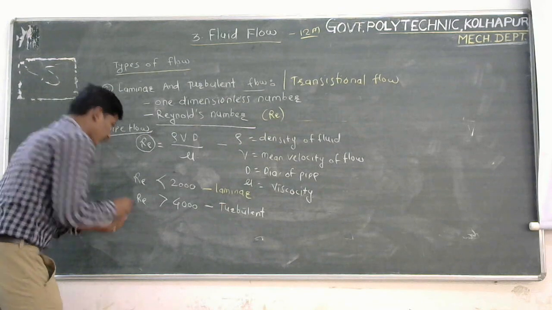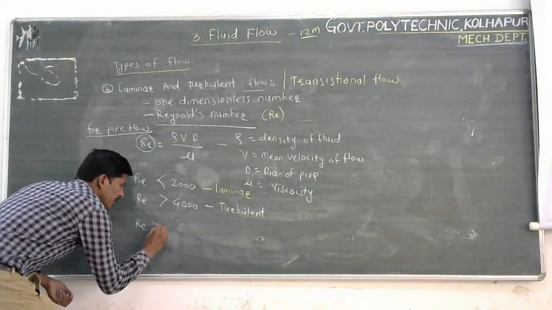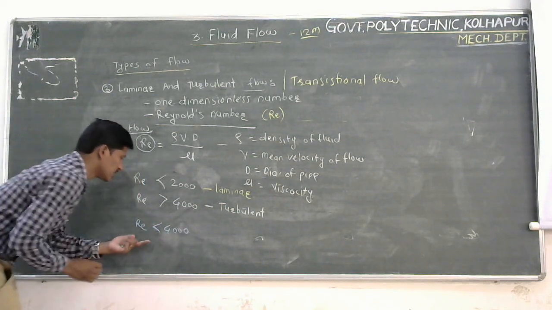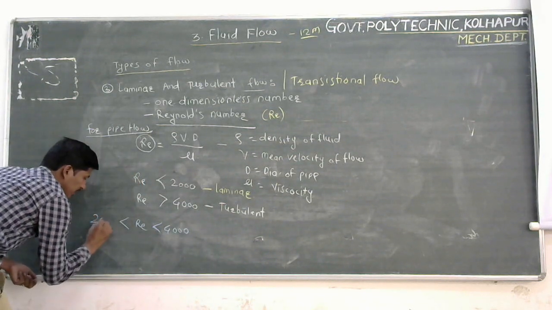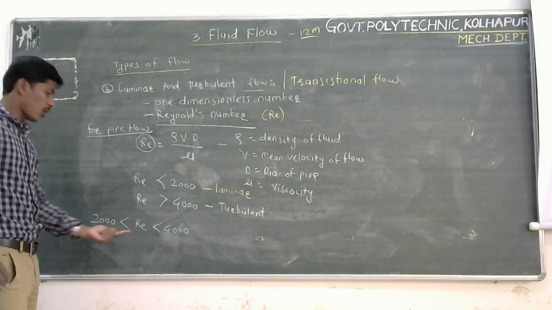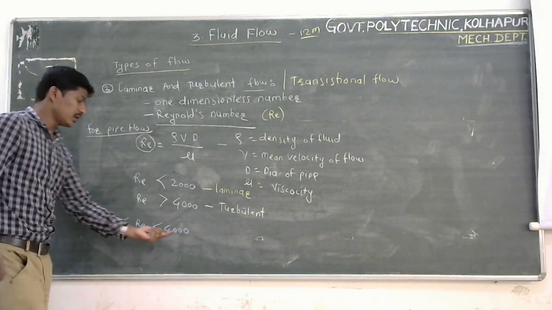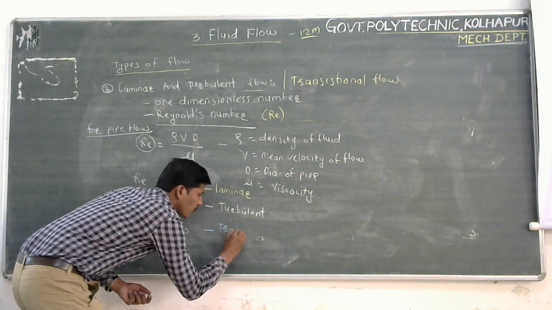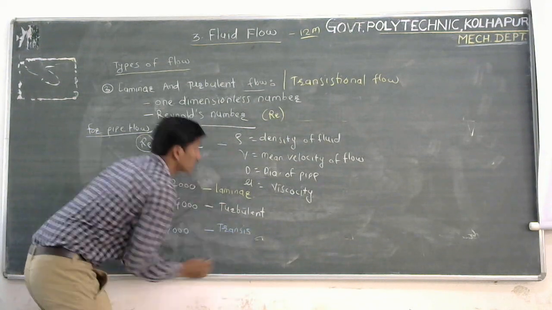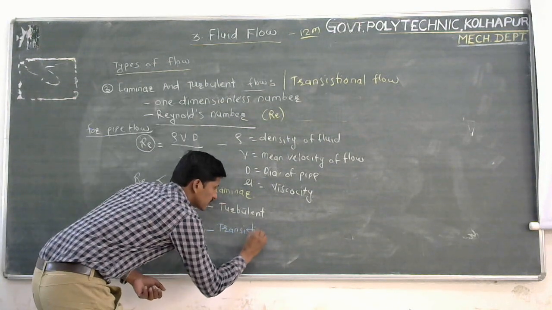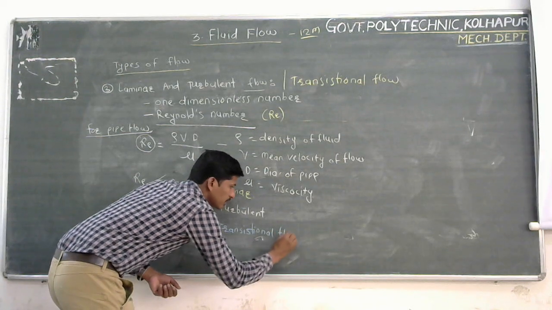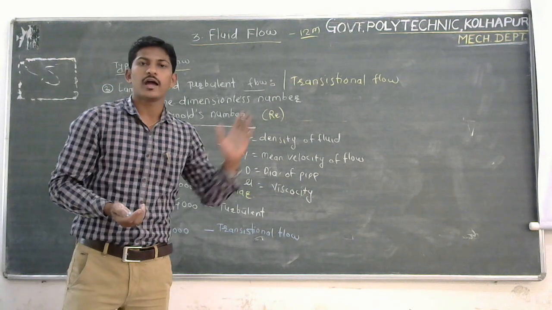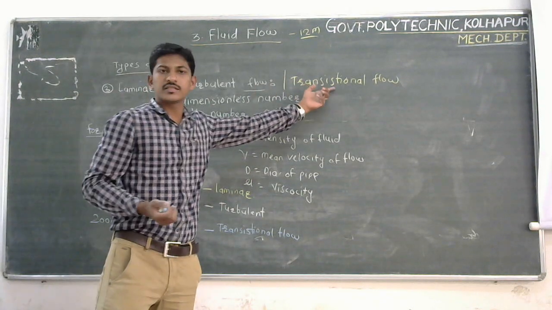And if the value of the Reynolds number is greater than 2000 and less than 4000, then it is transitional flow. So that is all about laminar flow, turbulent flow, and transitional flow.